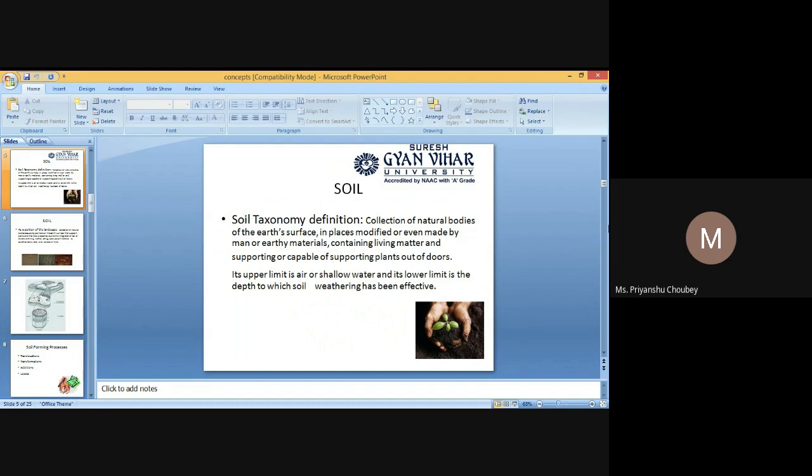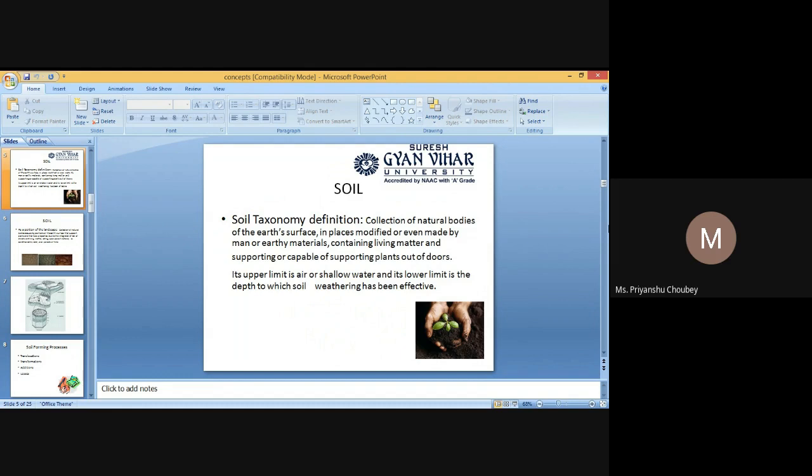Compound structure is of four types depending upon shape. Types of compound soil structure and their characteristics.